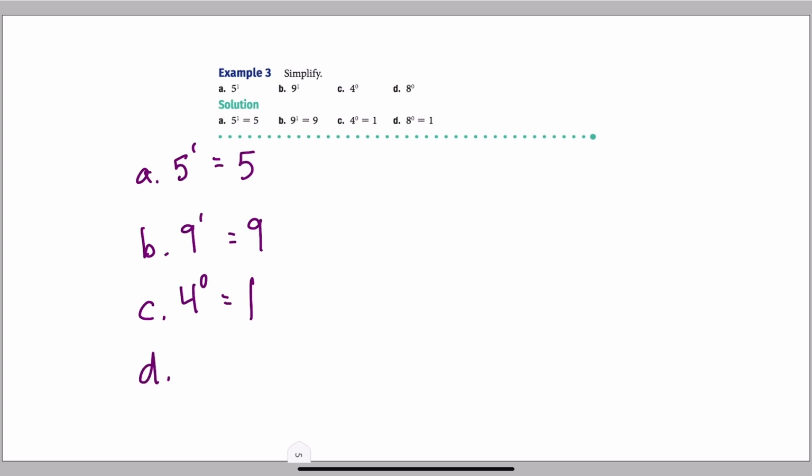And D, 8 to the 0 power, is 1. It's 1 because there are no 4s, there are no factors of 8 in these answers, and so 0 is not actually the right way to think about this, right? 1 is the right way to think about the ones place being at the center of our number system.